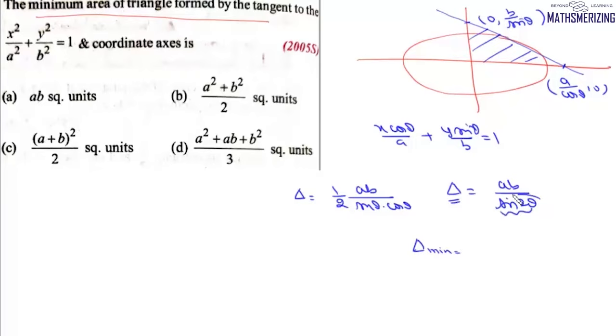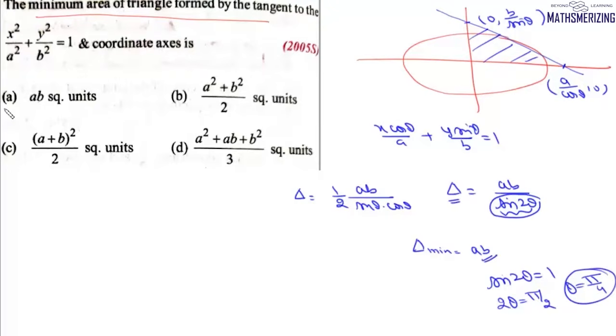So the maximum value of any sine is simply 1. So the minimum value of this triangle is AB, and we'll get this minimum value when the value of sin 2 theta is 1. That is when 2 theta is pi by 2, that is when the value of theta is simply pi by 4. Minimum area is AB, and that's your option number A.